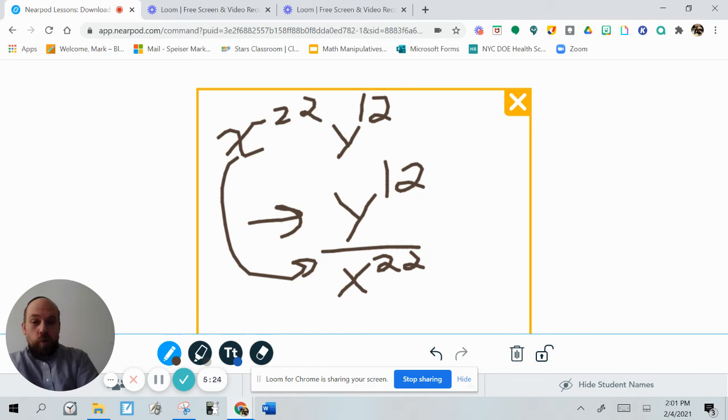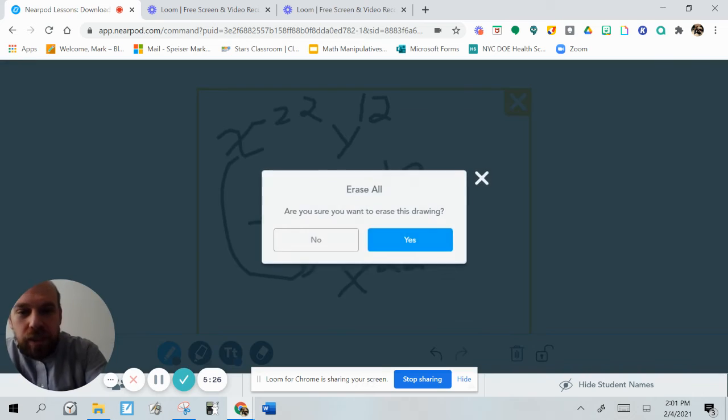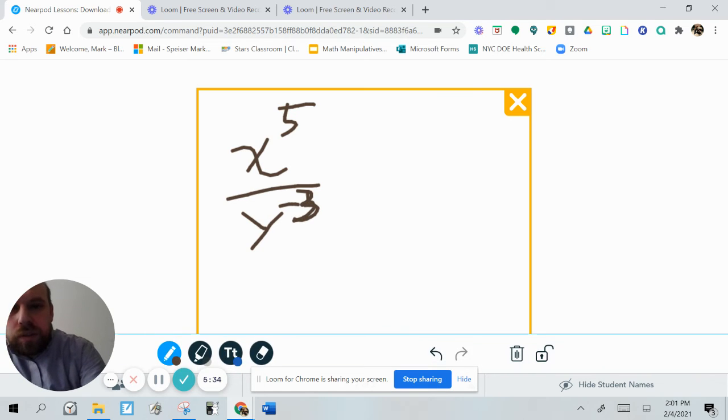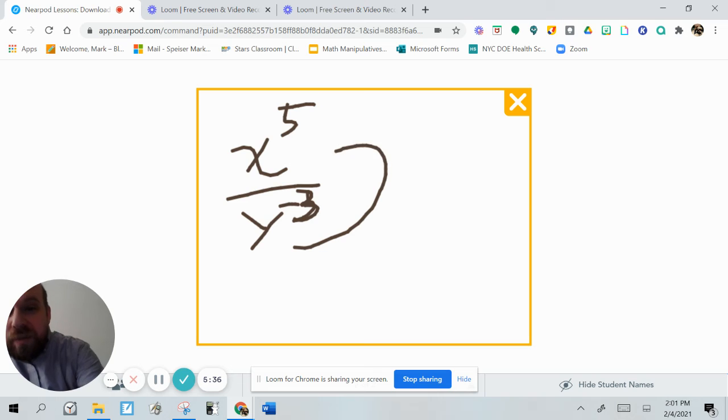One more thing before we go to the reason why. Something bizarre: say we had x to the 5th over y to the negative 3 as your final answer. You take the negative and you bring it to the numerator.